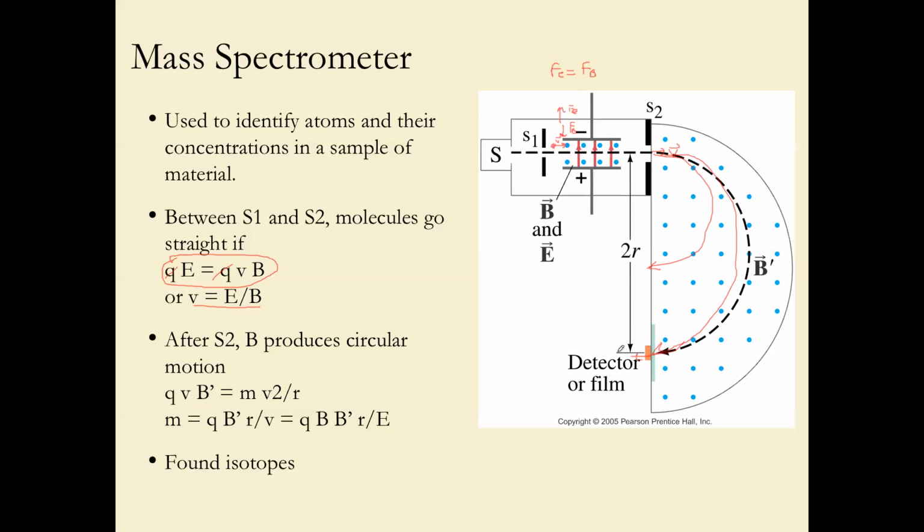As the accelerating voltage is slowly increased, different ions will reach the detector, so that's why they will be measured. And in this way, we can use this spectrometer to identify atoms and their concentration in a sample of materials.